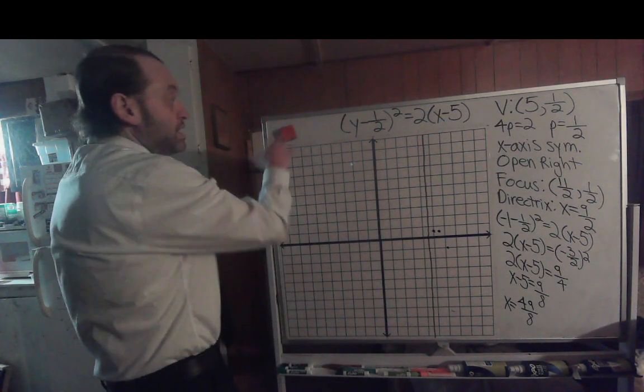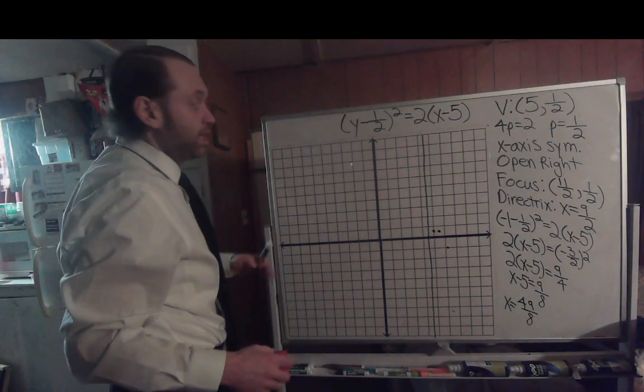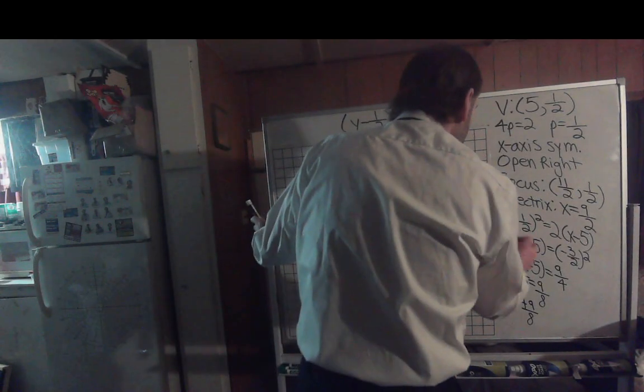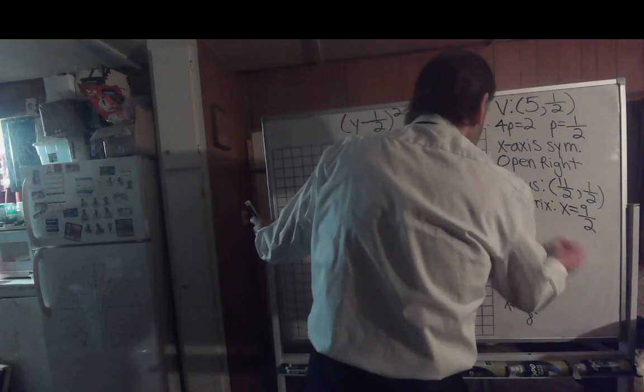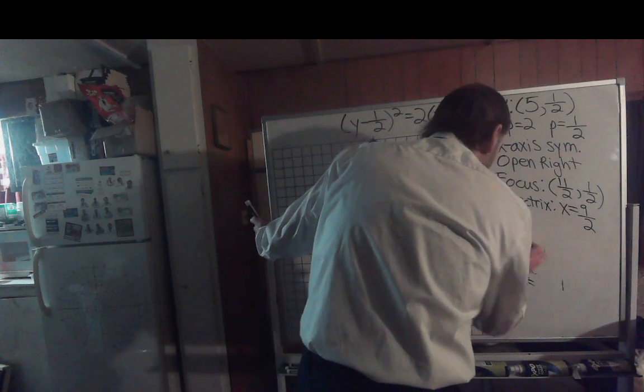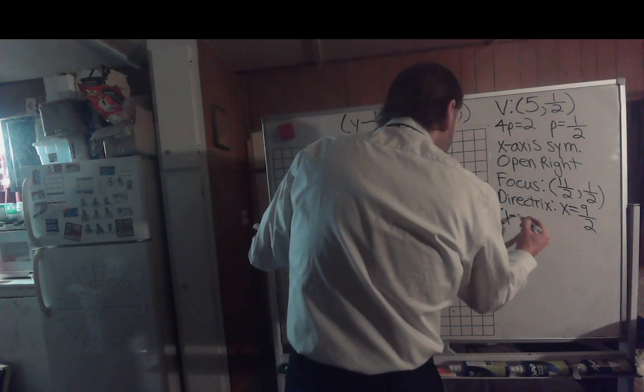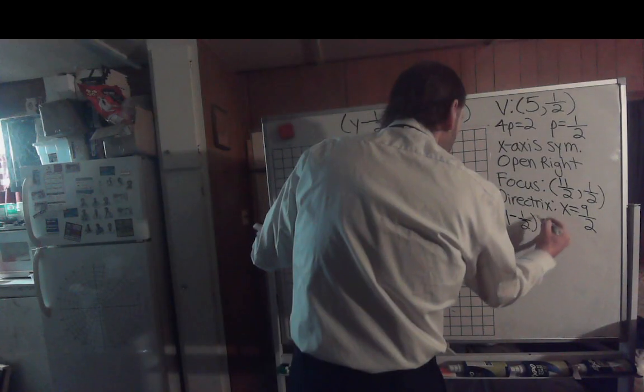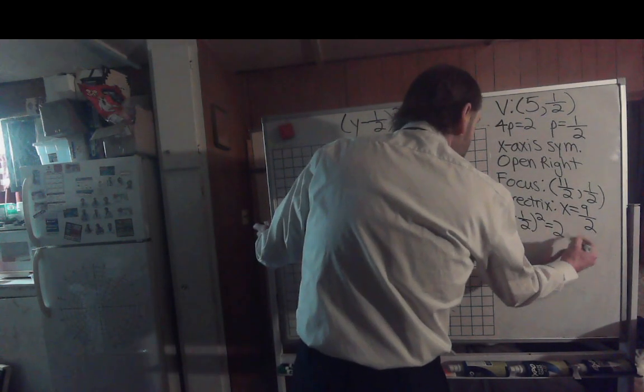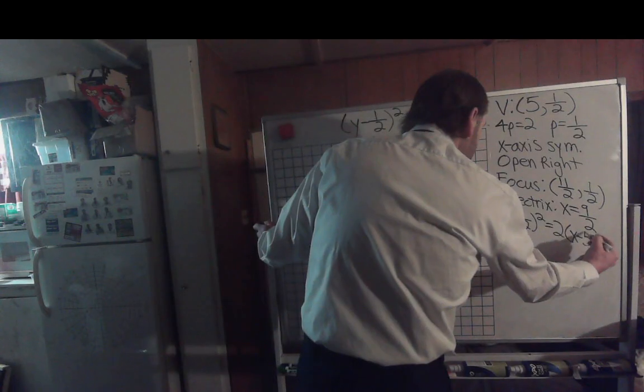Alright, now what if we pick y equals +1? So this time let's pick y to be +1. So that would be (1 minus 1/2) squared equals 2 times the quantity of x minus 5.